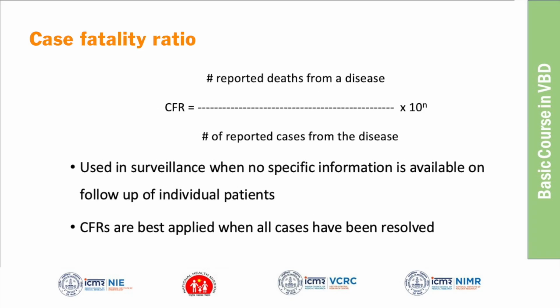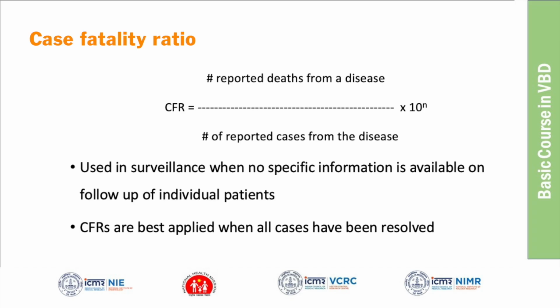In other situations, when you do not really have follow-up data, you can calculate case fatality ratio. For example, of the reported cases from the disease, how many have died because of the disease during a specific period? Now, this is used in surveillance data when we do not have individual follow-up of each patient.